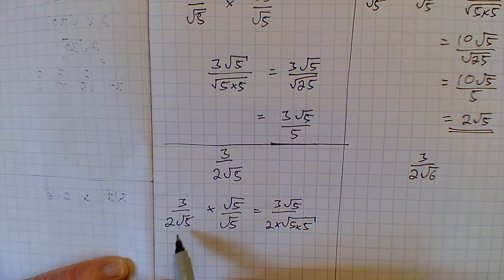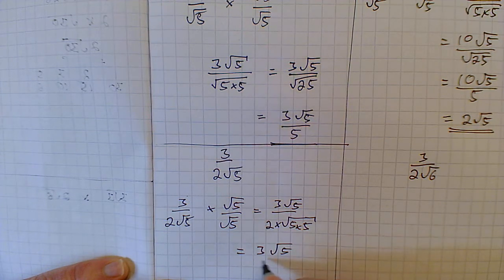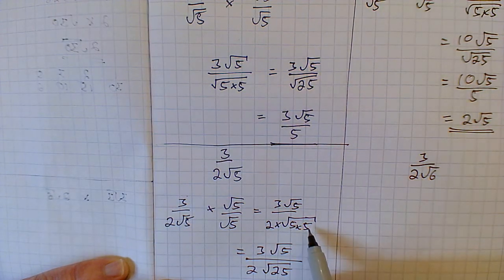So that's easy enough, because that just gives me 3 root 5 over 2 root 25, because 5 times 5 is 25.